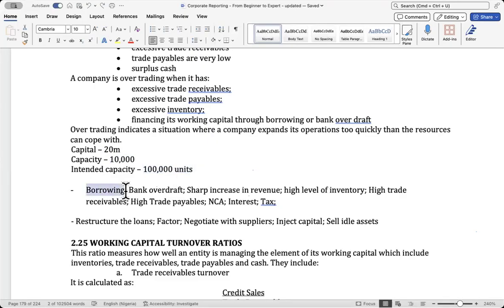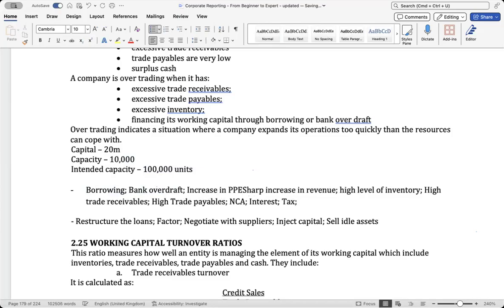He will have borrowed so much. His bank balance will be negative. You see an increase in PPE. He will have invested so much in fixed assets just to be able to produce most of these items.